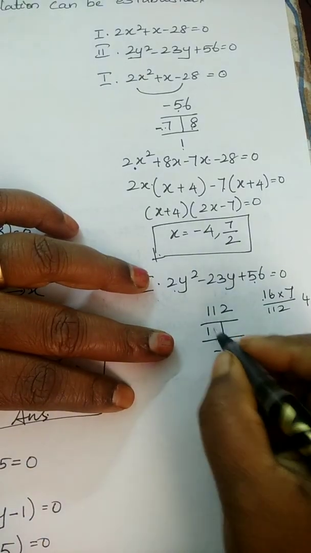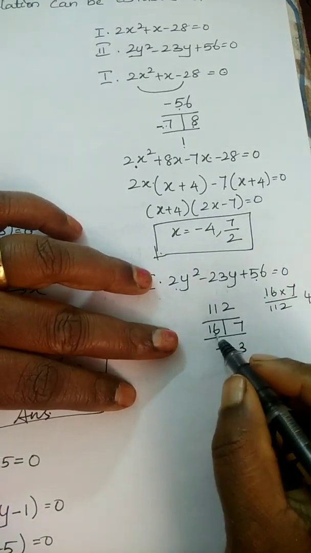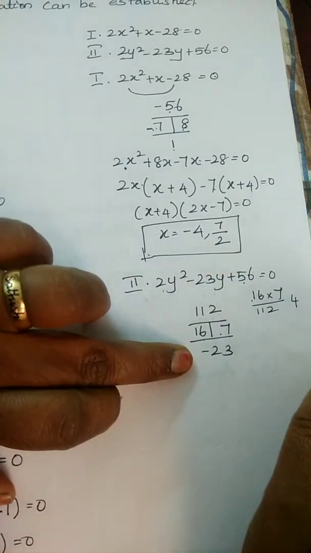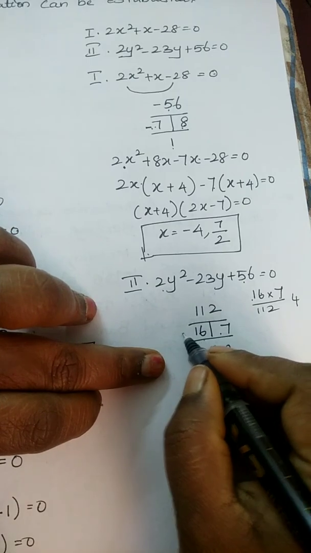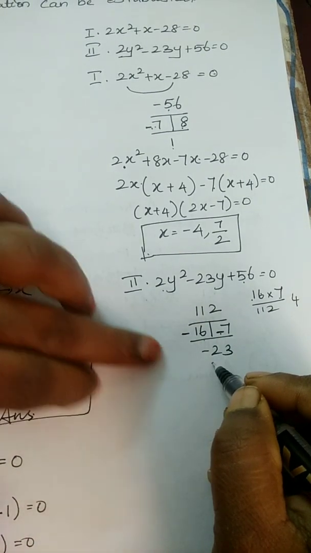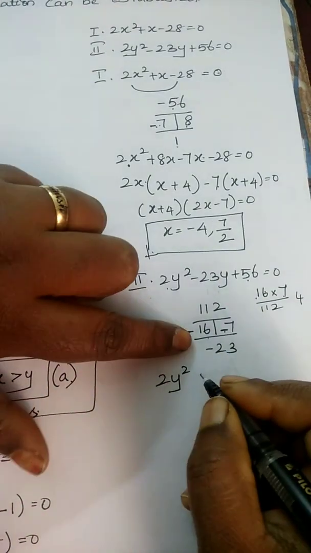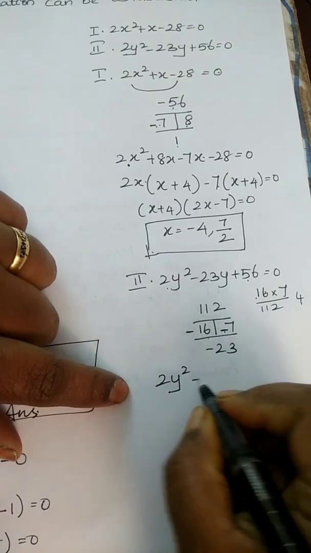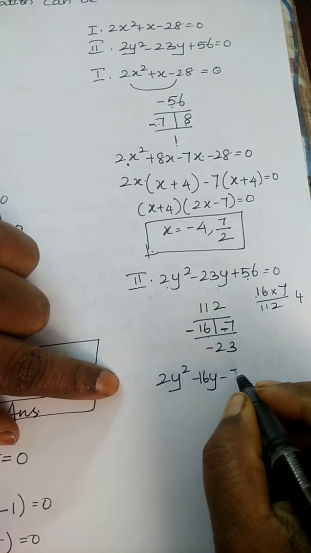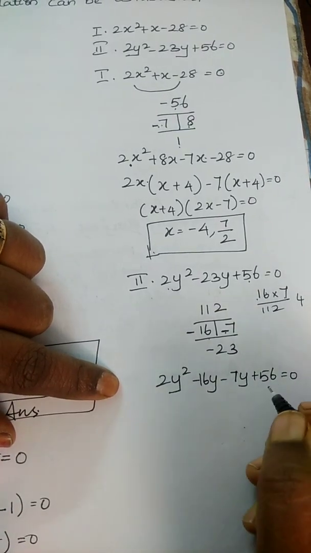Okay, 16 multiplied by 7, we will get 112, and also if we add both numbers, we will get 23, but here it must be minus because here it's minus 23. Okay, now write the split numbers here: 2y square minus 16y minus 7y plus 56 equal to 0.